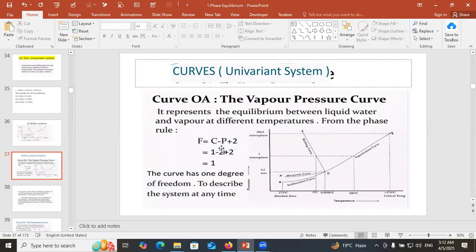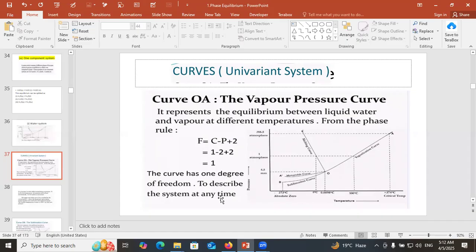From the phase rule, F equals C minus P plus 2. Component: only water, 1. Phase: 2. So F equals 1 minus 2 plus 2, which is 1. The curve has 1 degree of freedom.